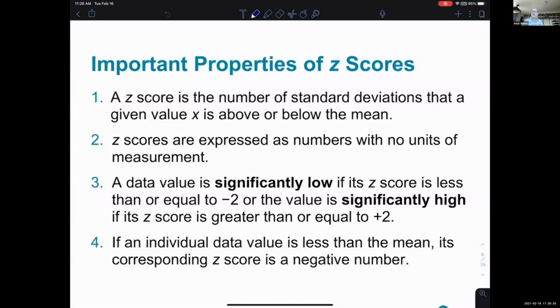If you're willing to share your example, please speak up or put it into the chat. So try to think of an example of a data set, what the mean and standard deviation are for that data set, and what value in the data set would have a z-score of 2.